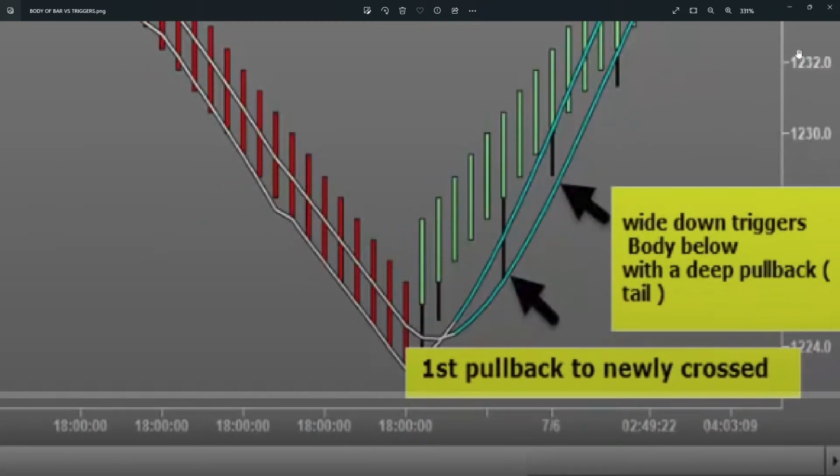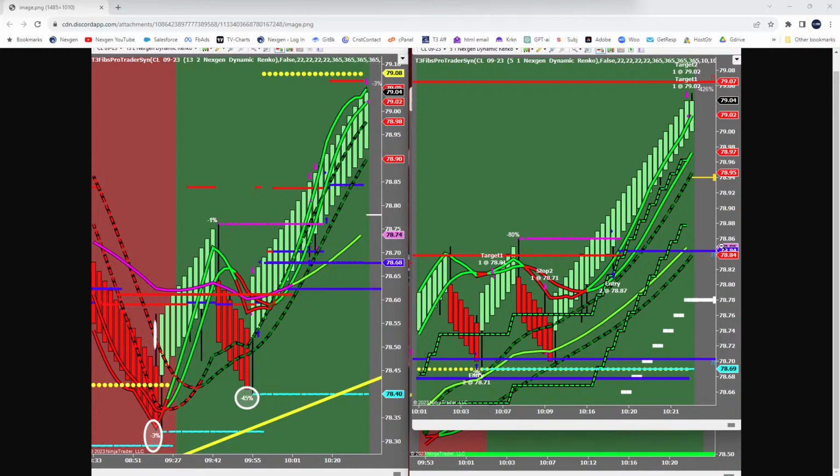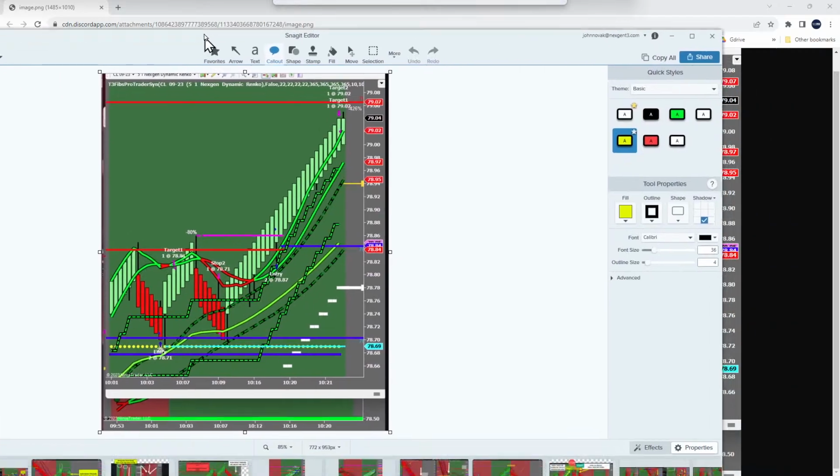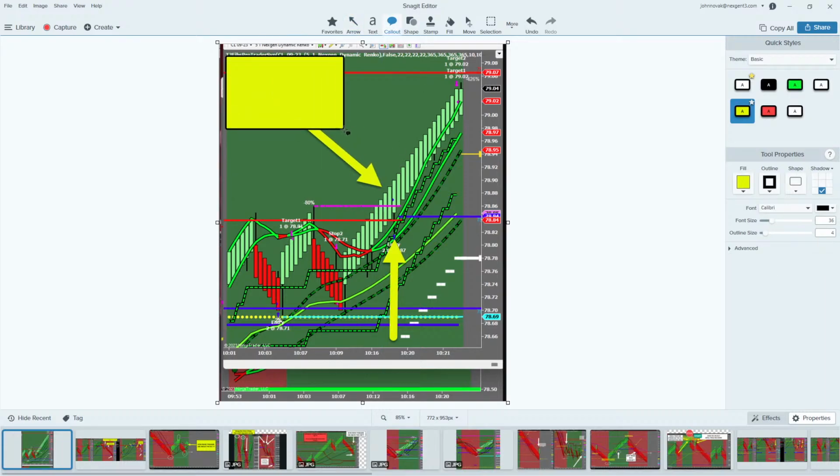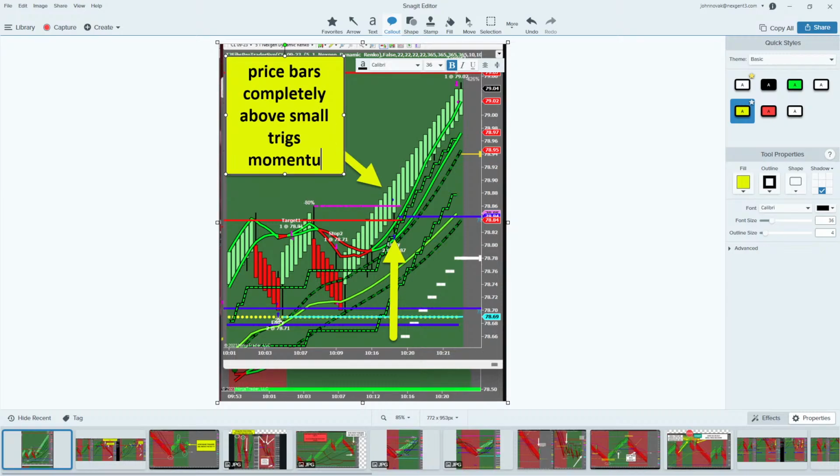So what Alan did is he put together a bunch of different ideas. He said, because we had a good bottom and higher divergences and we had strong triggers, I'll be happy taking a momentum style long trade if the price bars are completely above my small triggers. Do you guys see what he did?